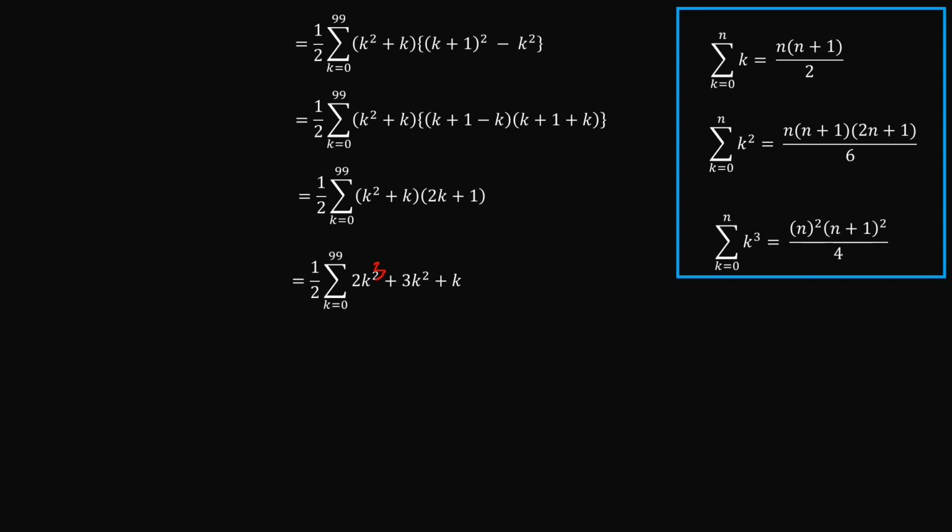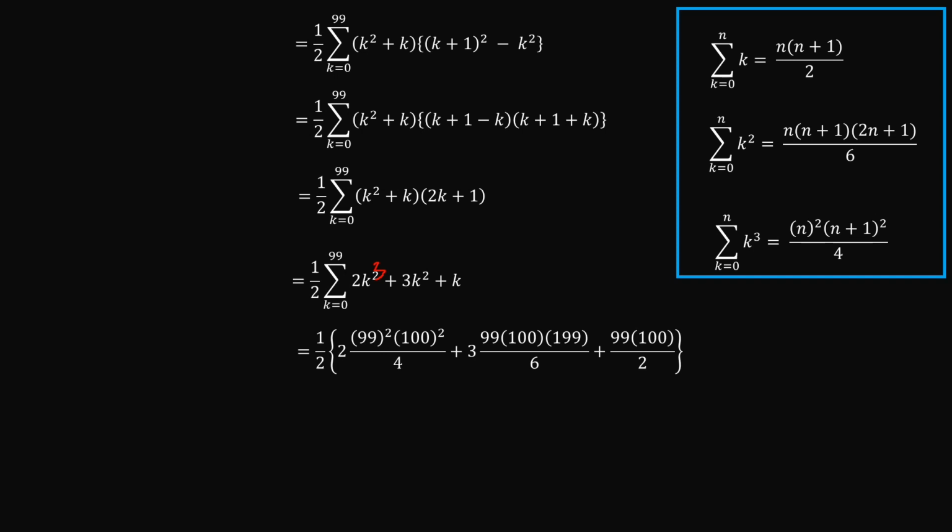So what we're going to do now is plug in, where we have k here, the sum of all the k integers from 0 to 99, where n shows up, we put in 99. And the same thing for k squared and k cubed. So as you can see here, we have a half outside, and then 2 for the k cubed term, we have 99 in place of n, 99 squared, times 99 plus 1, which is 100 squared over 4, plus 3 for the k squared.